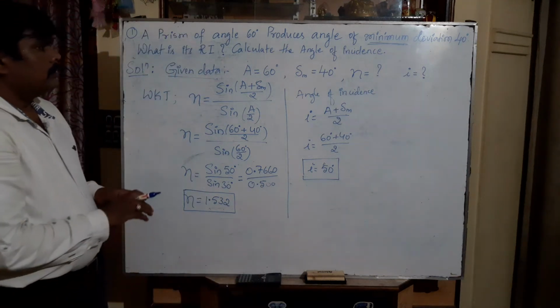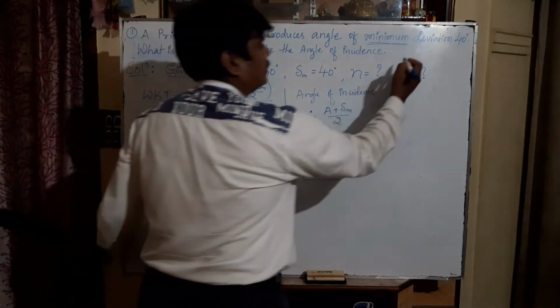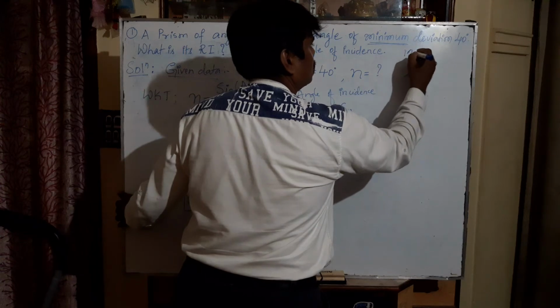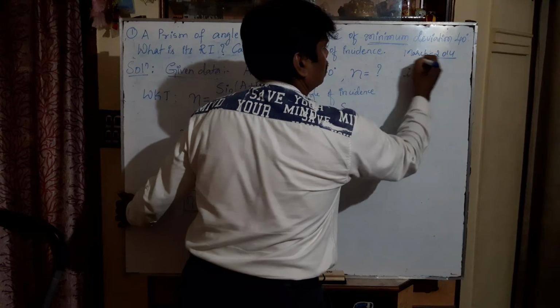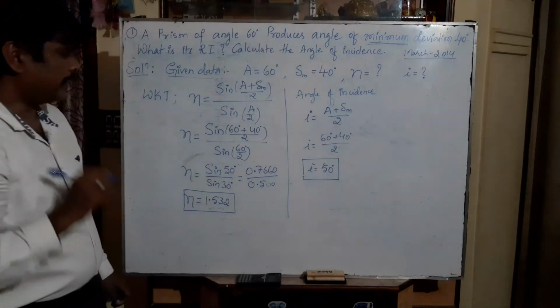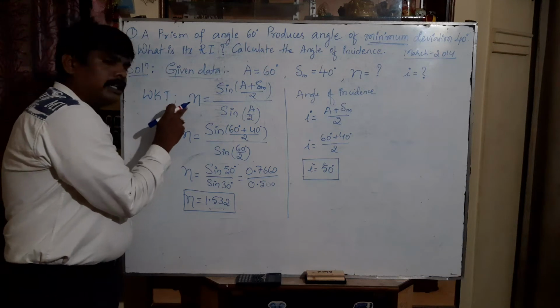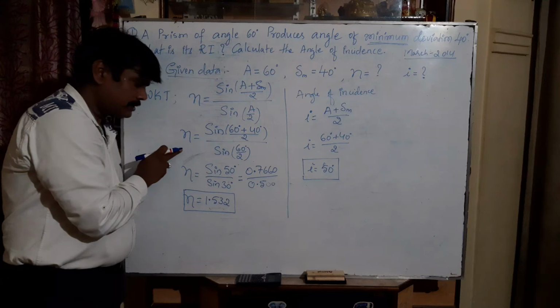See, this question was actually asked in the March 2014 examination for 5 marks. While writing the formula, 1 mark they will give. For substitution, 1 mark.